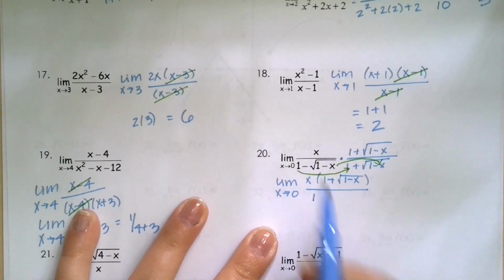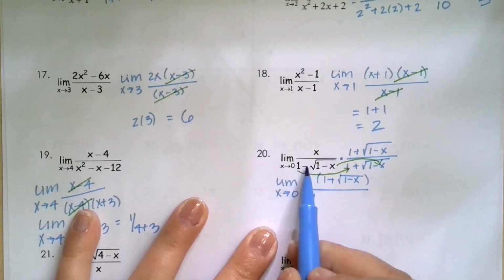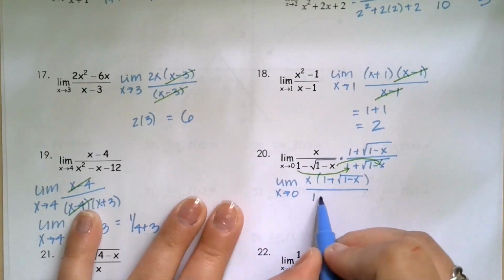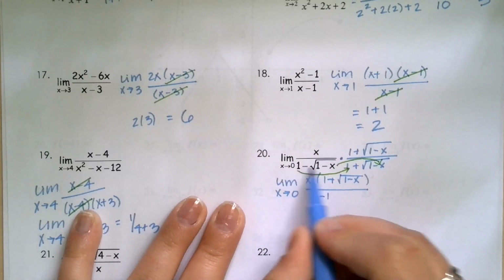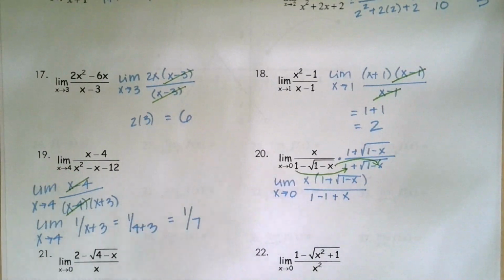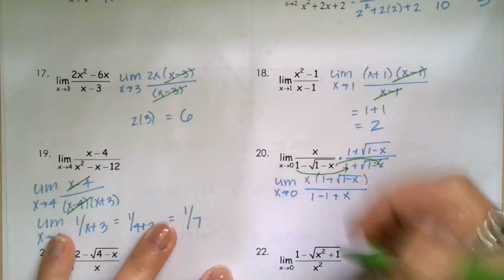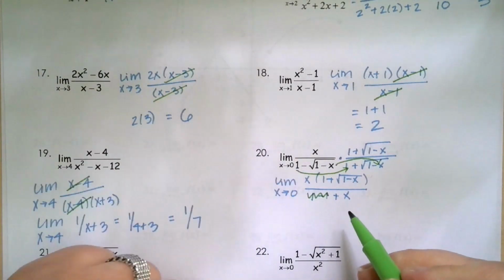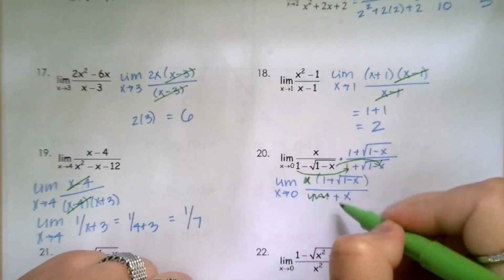And then make sure to be really careful. We do have this negative, so everything under the square root is going to become negative. So it's a negative 1. Negative x gives us a positive x. Okay, so as we can see, these 1s are going to cancel, right? And then we have an x on the top and the bottom that we can also cross off.